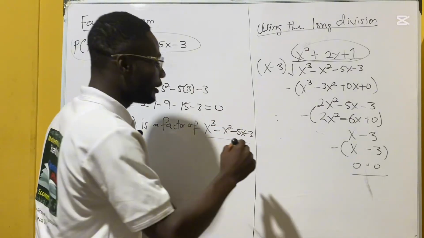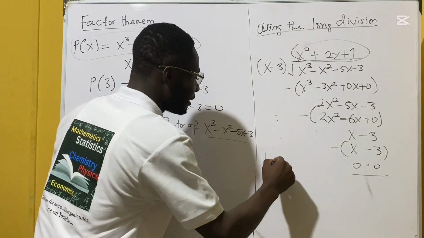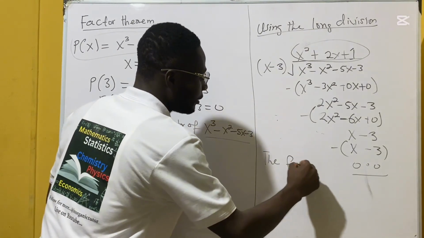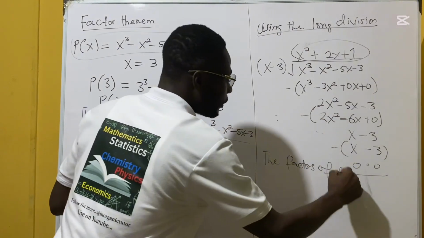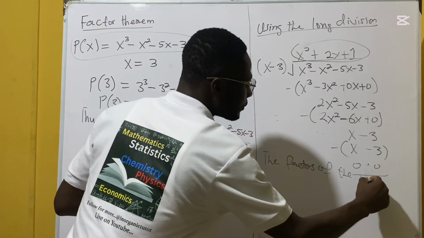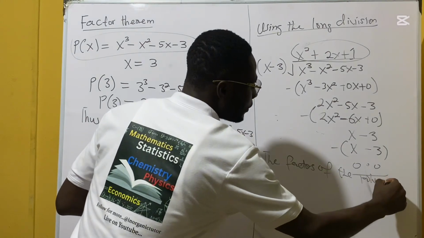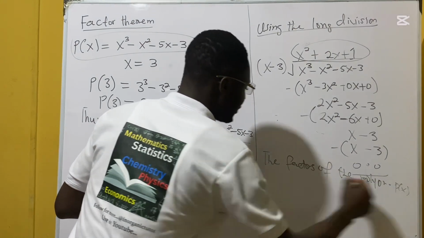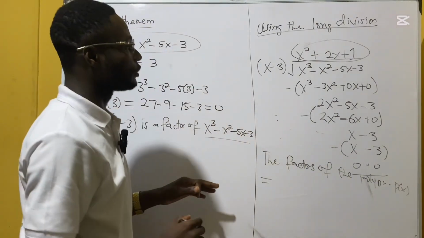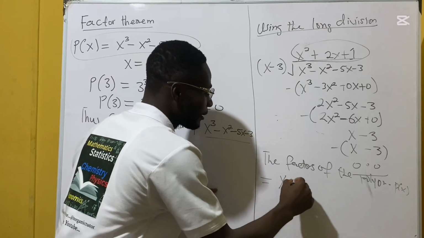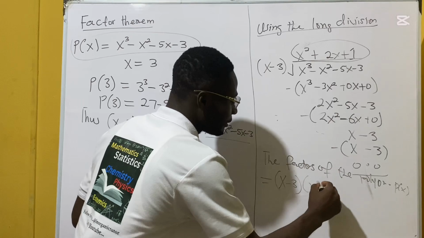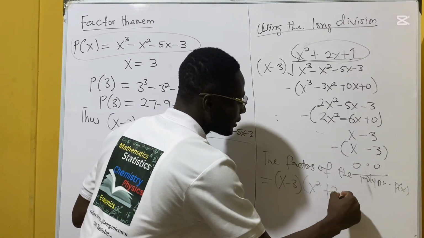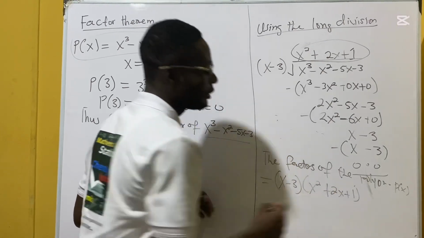Here we say that the factors of the polynomial p of x are x minus 3 and x squared plus 2x plus 1.